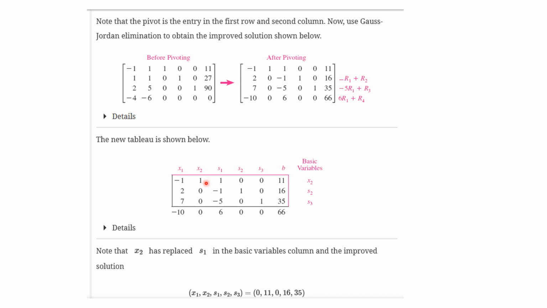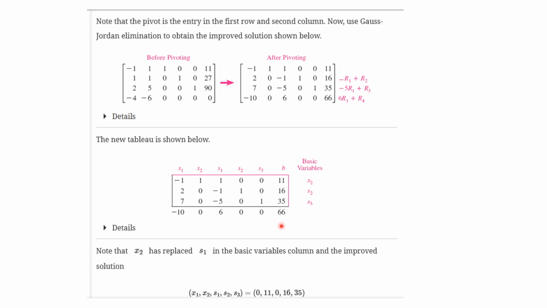It's part of our basic solution, and S1 is no longer that, because this is not 1, 0, 0. I've removed it from there. So x2 has replaced S1 in the basic variables column, and this is the improved solution.